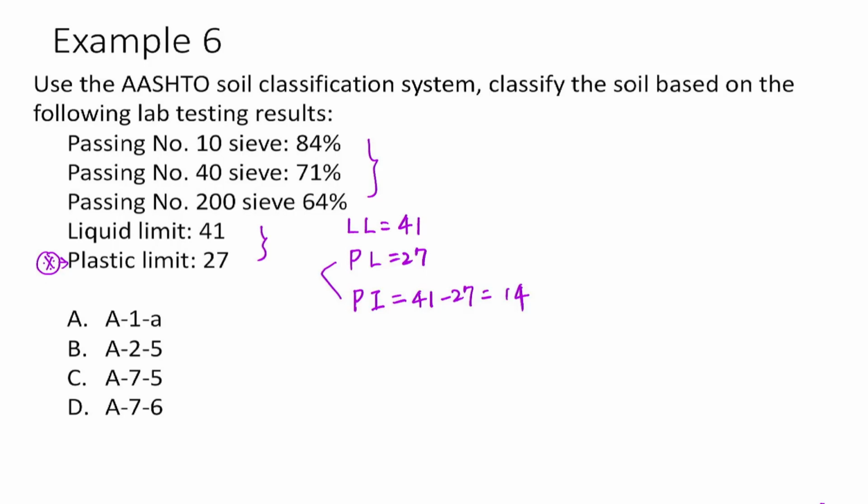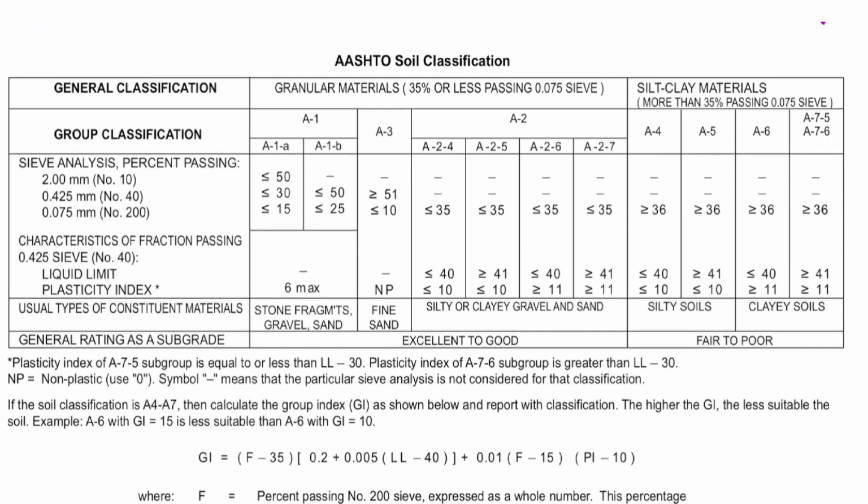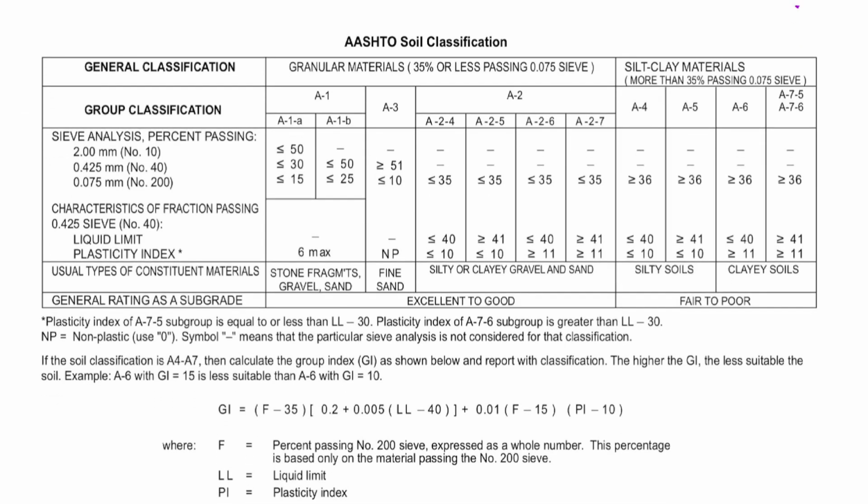With everything here, we can go and find the AASHTO soil classification table from the reference book. It reads a little bit different, and in my opinion, the AASHTO system is a little bit simpler to use. First, take a look at the first row. Do we have a granular material or a silt-clay material? 35% is the magic number.